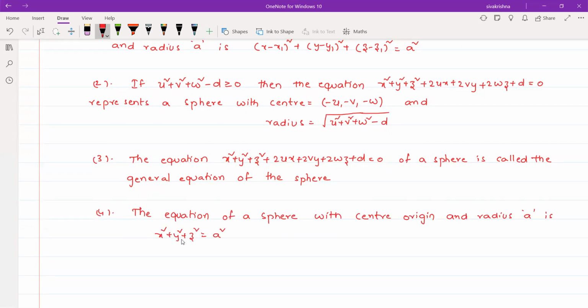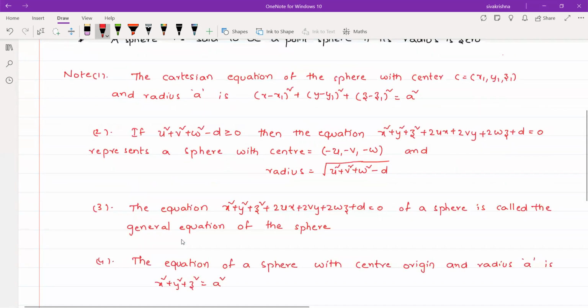Okay, so this is the equation of the sphere with the center at origin and radius small a. It means in note 1 we have to put in place of x1, y1 and z1 as 0, 0, 0, so then we get x square plus y square plus z square is equal to a square. So these are the very important note points regarding spheres.